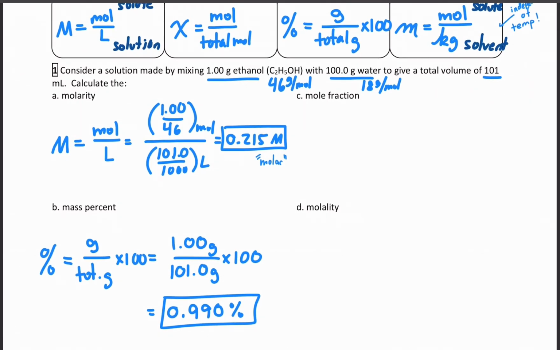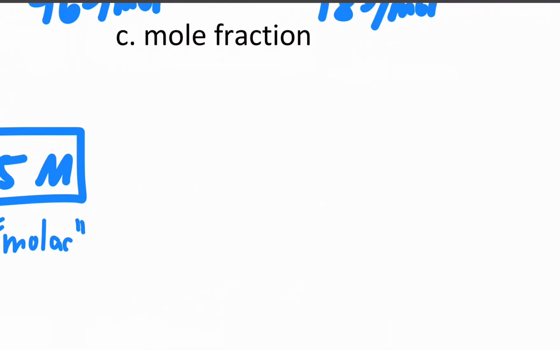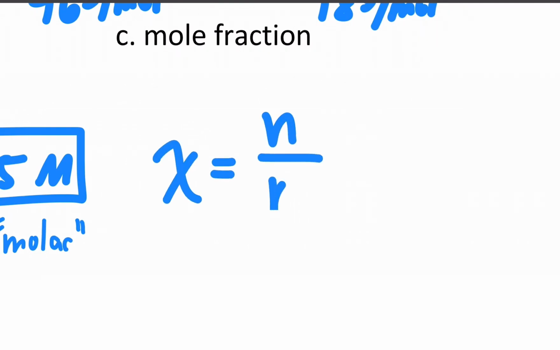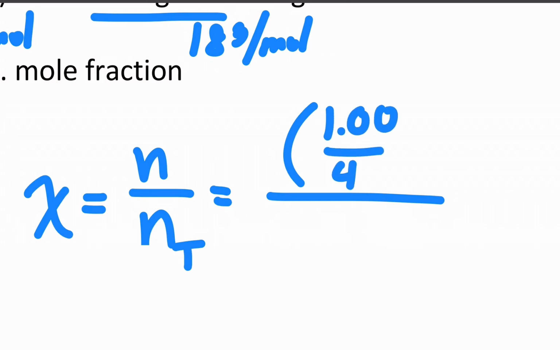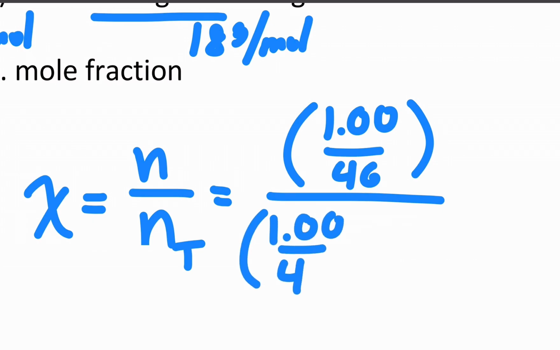So for the mole fraction, it's the moles of the part divided by the moles of everything. We already did the moles of just the ethanol. That's 1 over 46. And then how do I do the total? You just add them. So I have 1 over 46 for the ethanol. How many moles of water do I have?